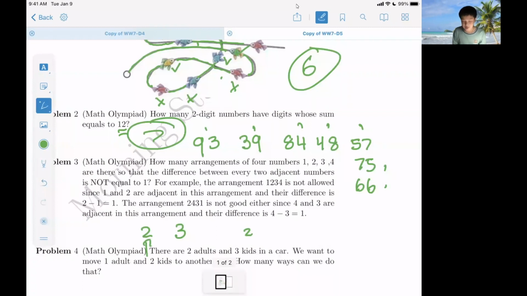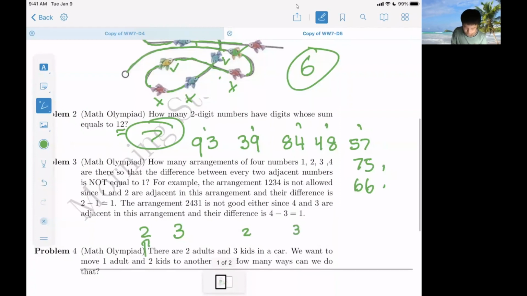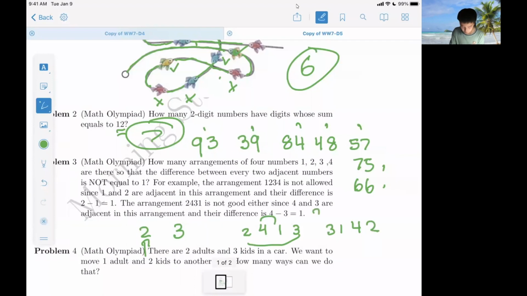And then 3 is the same thing. It's adjacent to 2 and 4, so it has to be on the side. Here, the only case is 4 and 1. However, we can switch these two digits and these two digits to make another number that works. That would be 3, 1, 4, 2. So in total, there are 2 cases.